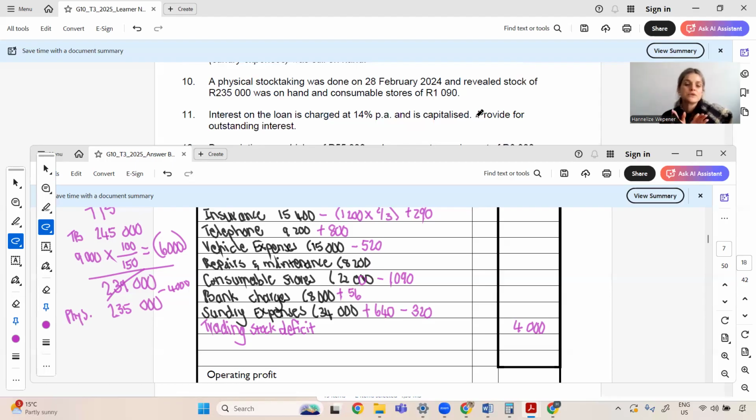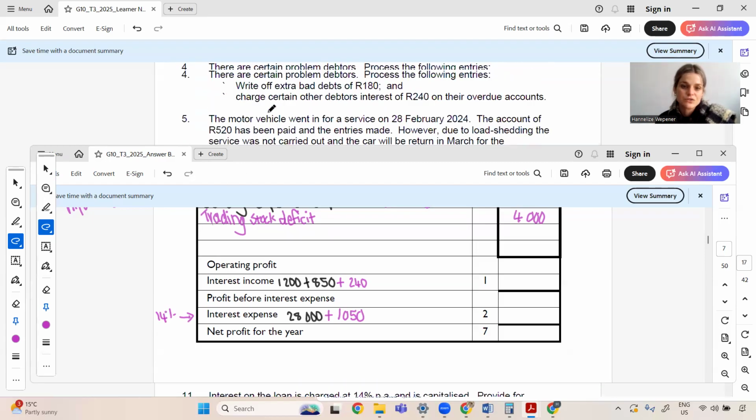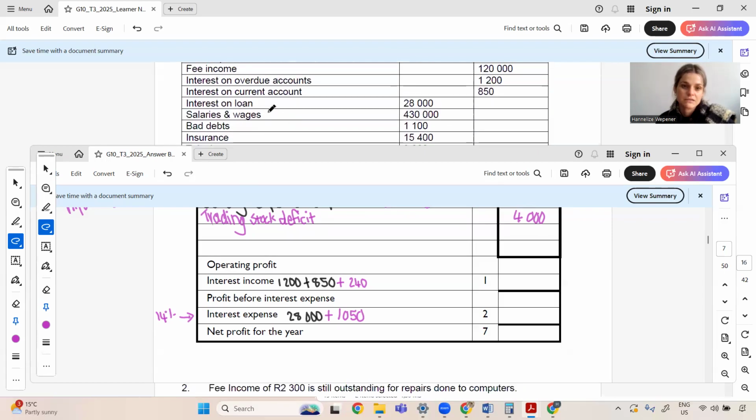Okay, so when you now record your interest on loan, you are going to say debit interest on loan. That's your expense account, and therefore it falls under your finance section. Okay, interest expense. And then you are going to credit loan. That's SFP because it is a liability and it's charged at 14% per annum and then loan amounts, which means that you need to go to your trial balance and find your loan amount.